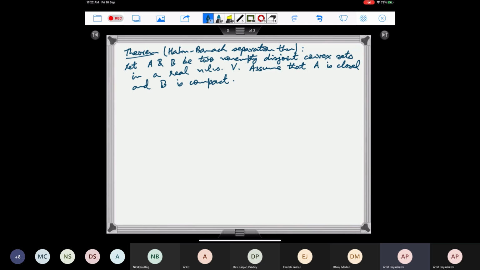So in this case, we can separate strictly by a hyperplane. So then A and B can be separated strictly by a closed hyperplane.